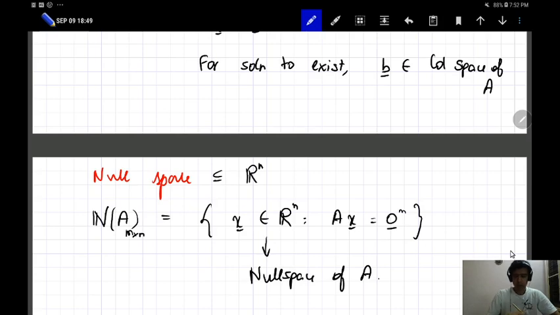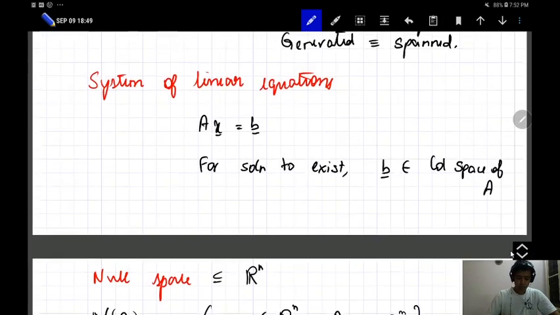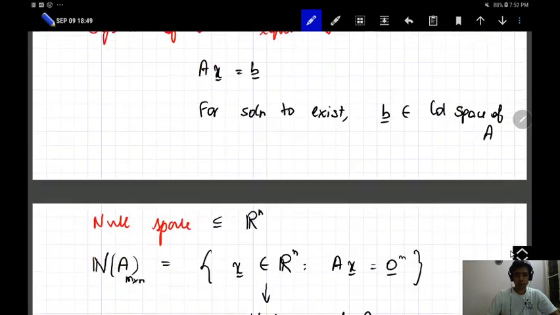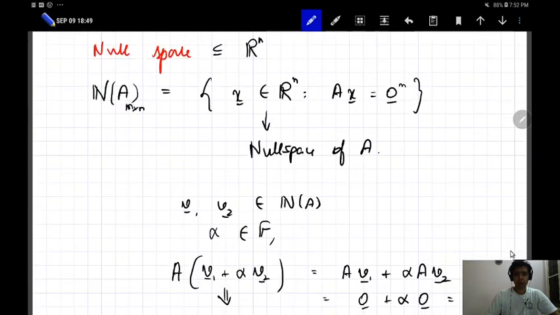So you get this from the rows. So at the face of it, there doesn't seem to be an obvious connection between the column space and the null space. But in fact, we'll see in a moment, and also in the lectures to come, how these two are very intimately related.